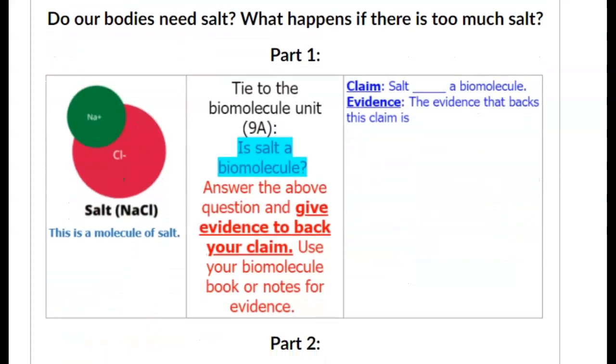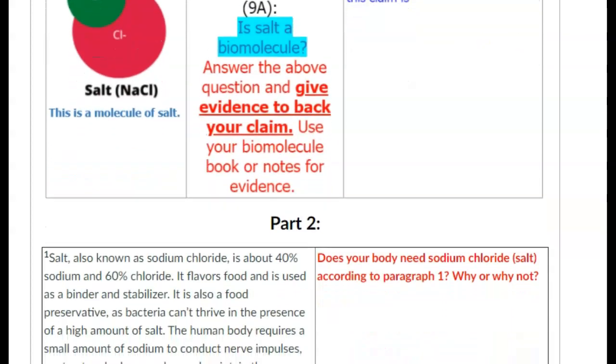Part 1 is just looking at this molecule, and you're stating whether it's an organic molecule or not, which is what a biomolecule is. So you're providing evidence why or why not salt is a biomolecule, or why it's not organic. And please use your notebook and the notes in there for your evidence.